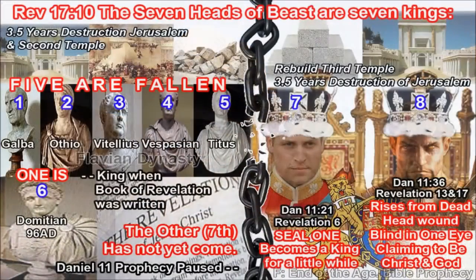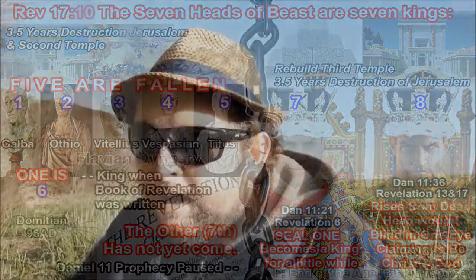But this seventh king has not yet come, and this is what we're waiting on. Basically, Prince William will be the seventh king of the Flavian dynasty.